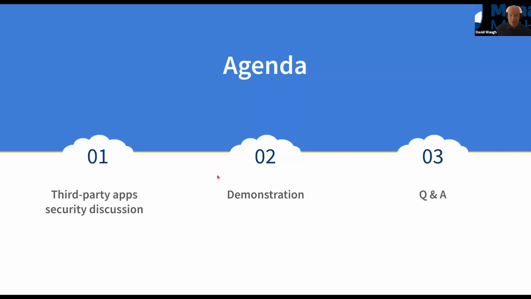However, third-party apps get connected into your domain that are using credentials or access controls coming in through your Workspace and/or Microsoft 365. And then we'll get into a demonstration of how we do things in this arena at Managed Methods, and then we'll open it up to Q&A.